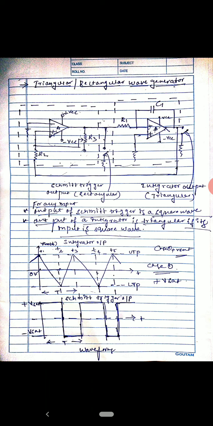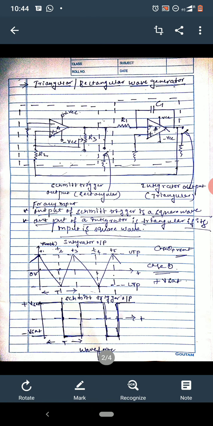Now once the integrator's output, that is a negative going ramp, attains the lower triggering point as seen in the diagram, the output of the Schmitt trigger in case 2 changes from positive V saturation to negative V saturation.